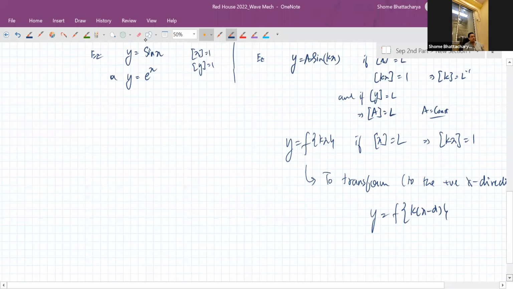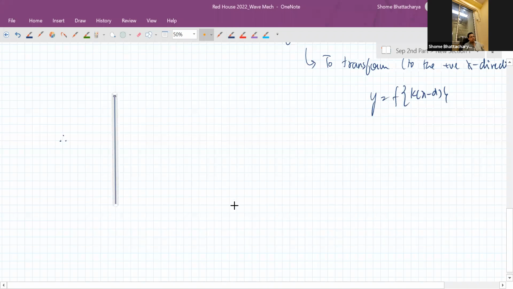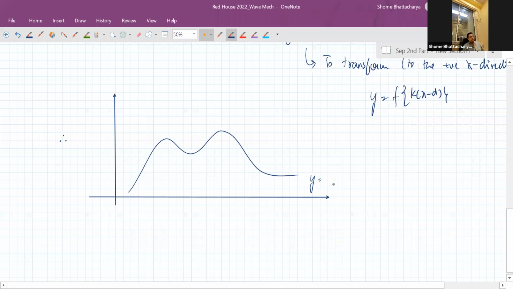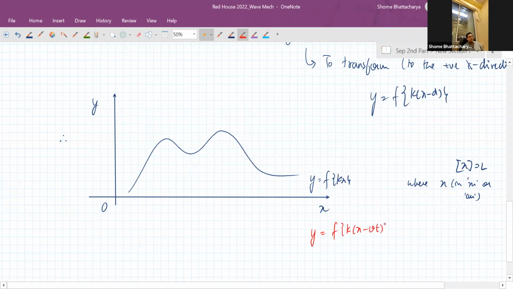So therefore, what we understand is that if we have a stationary shape like this, this represents y as a function of x, where x is in meters or centimeters or whatever. x's dimension is L. But if we now replace this with x minus vt, where v is a constant velocity and t is time, then this is the equation of a stationary shape, but this now becomes the equation of a traveling shape.